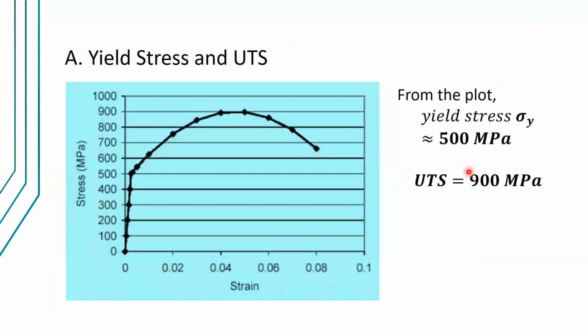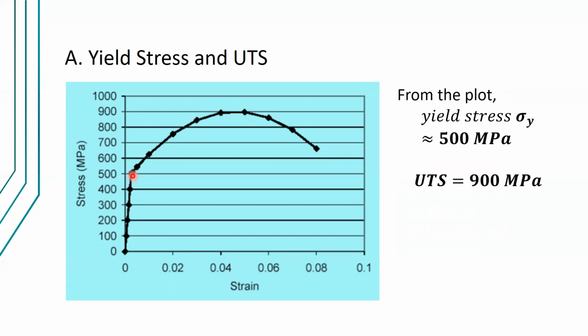First, to obtain the yield stress, all we have to do is find that point, which we call the yield point. It's basically the point where it will start behaving like a plastic, or in other words, the point where it starts to be no longer elastic in behavior.